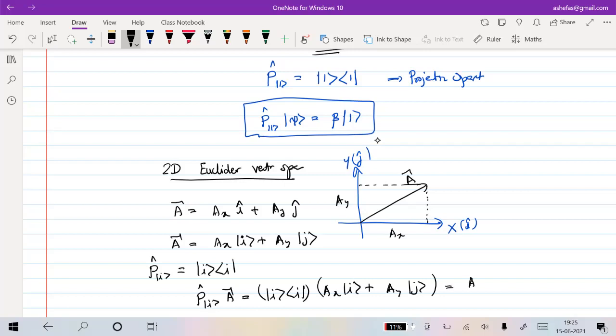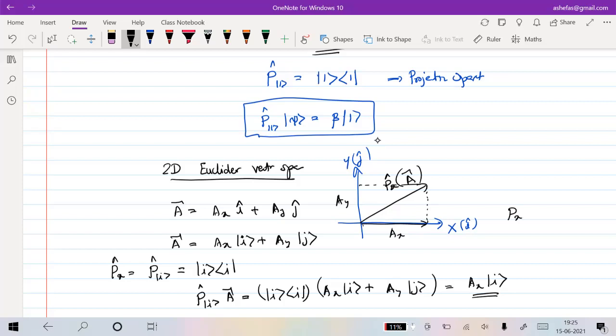So finally, what do you get? You get Ax times vector i. So this projection operator, or we can denote it by the symbol Px, projects the vector A onto the x-axis, and the result would be Ax i.